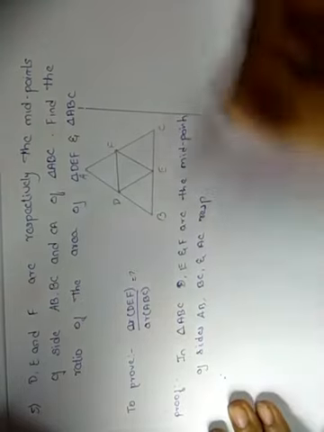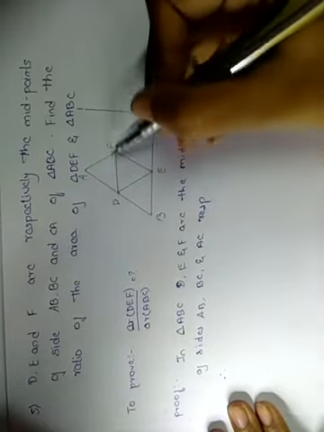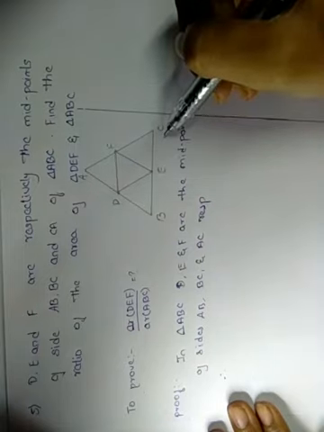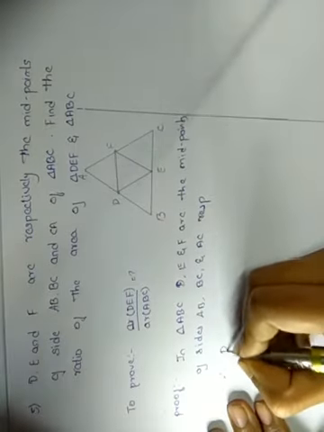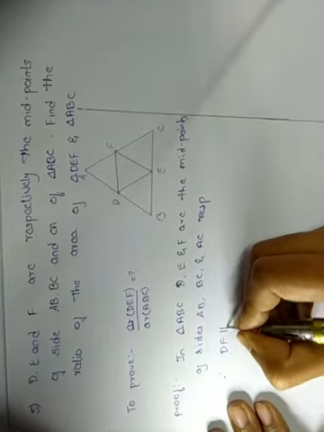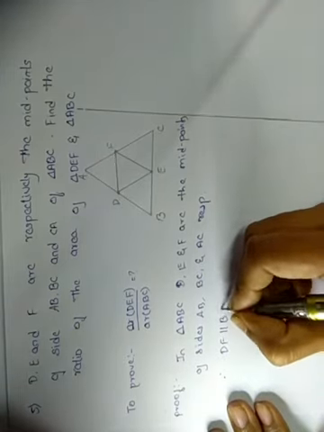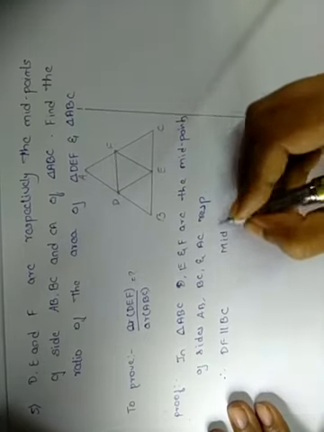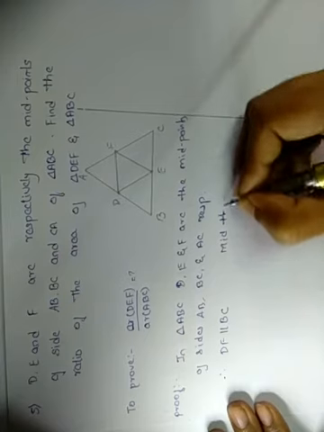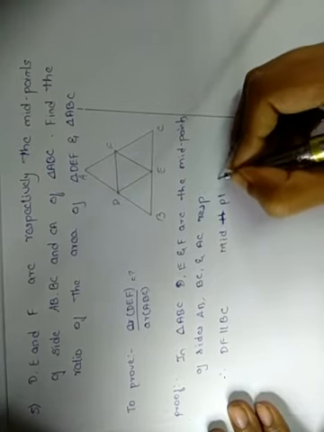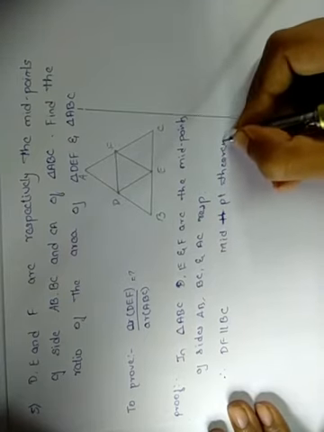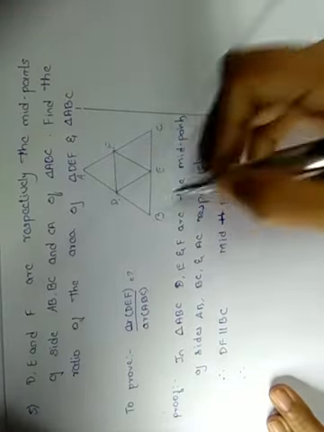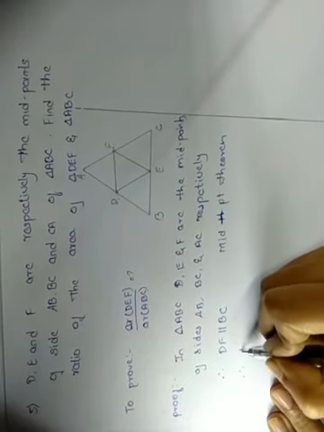Now if these points are the midpoints, then DF is parallel to BC, by the midpoint theorem, right? So DF is parallel to BC, and also DF will be half of BC, isn't it?